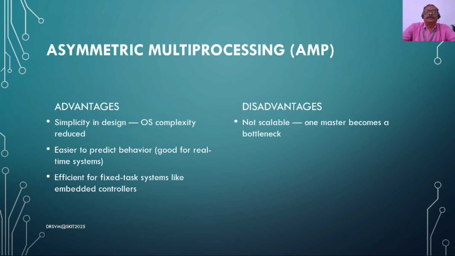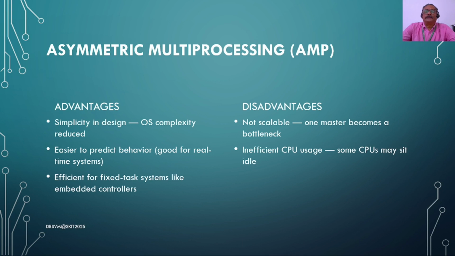The disadvantages on the other side, it cannot be scaled. One master becomes a bottleneck. So if the master is busy for something, then everything has to wait for that. Inefficient CPU usage because the master CPU is always busy, and some slaves may not get their chance at all.